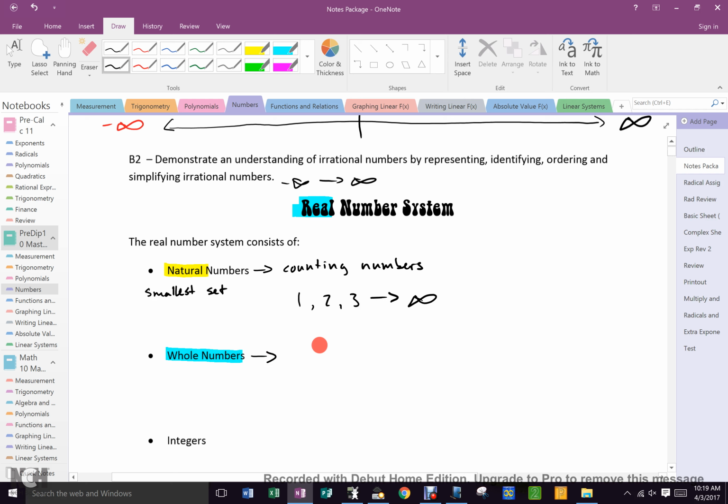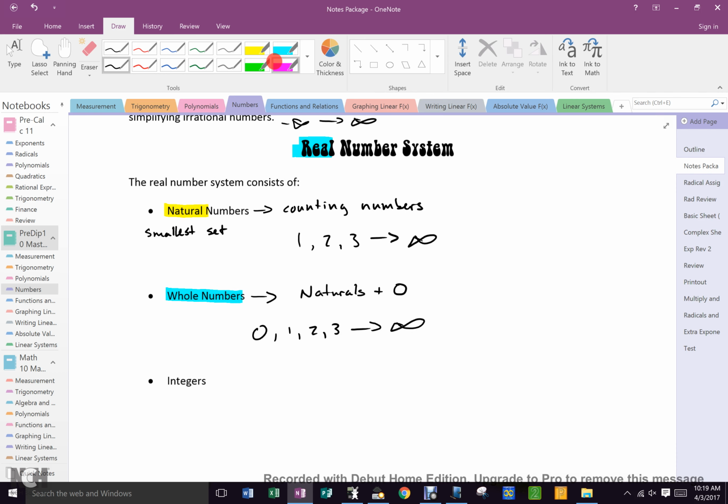Whole numbers are naturals plus 0. Okay? So it is 0, 1, 2, 3, up to infinity. Is everybody cool? Yeah? Everyone's good? Easy peasy lemon squeezy, correct?